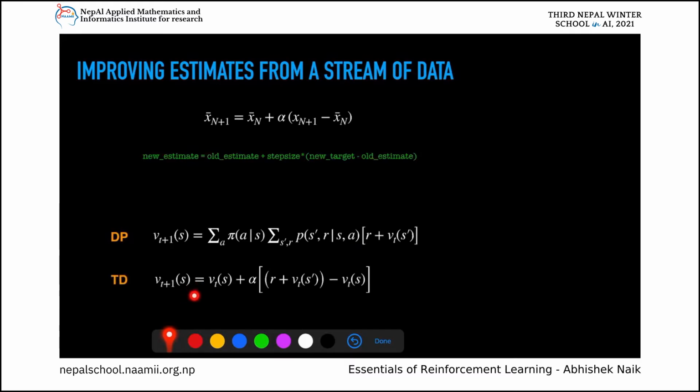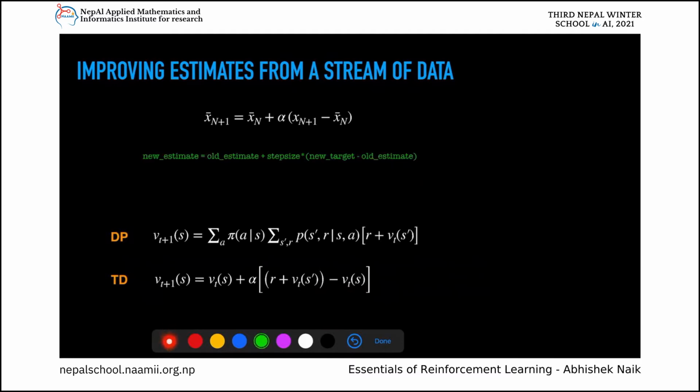New estimate is old estimate plus step size times new target, which is the reward and next state that you saw, the value of that state, you know how to compute that, minus the old estimate.